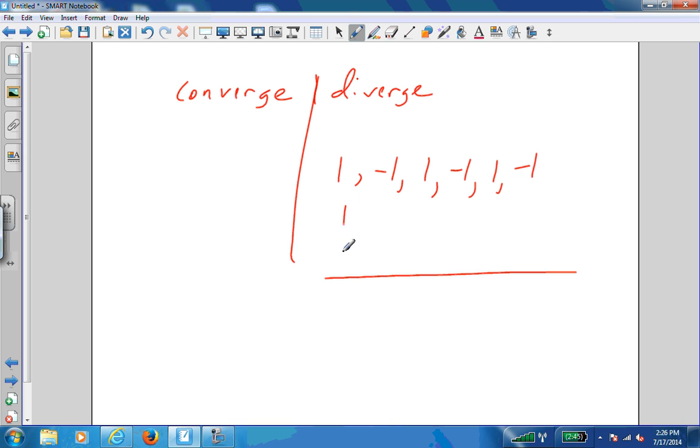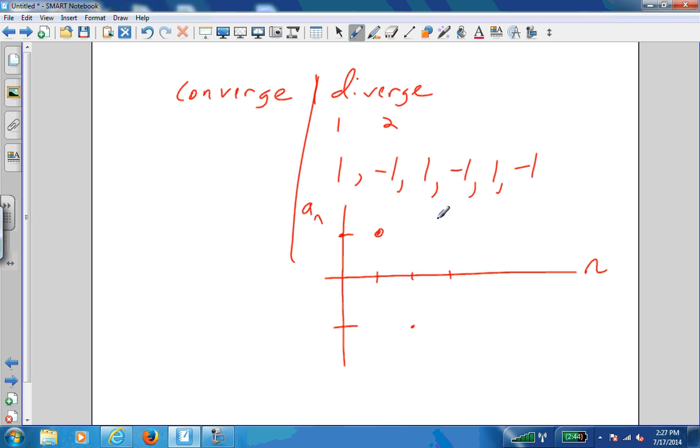If we plot that, where we plot n in the x direction, a sub n in the y direction, our first value, we get 1. Our second value, we get negative 1.